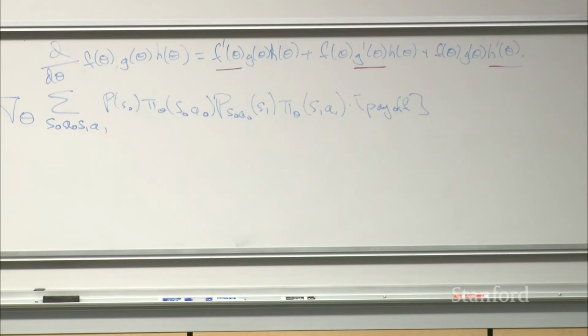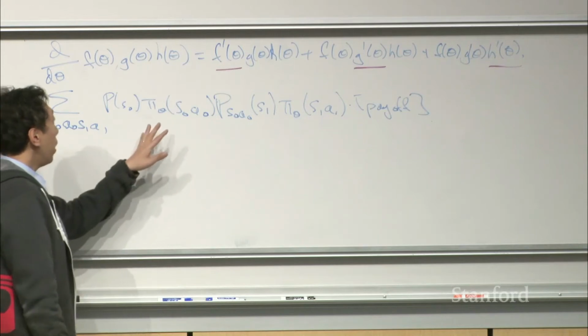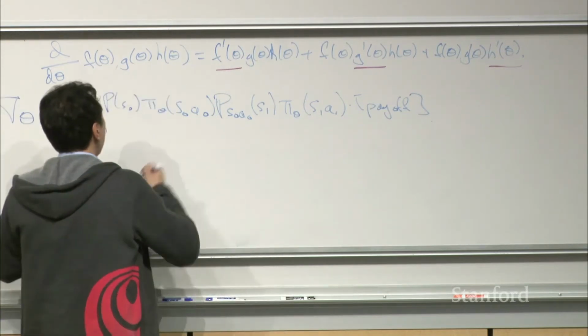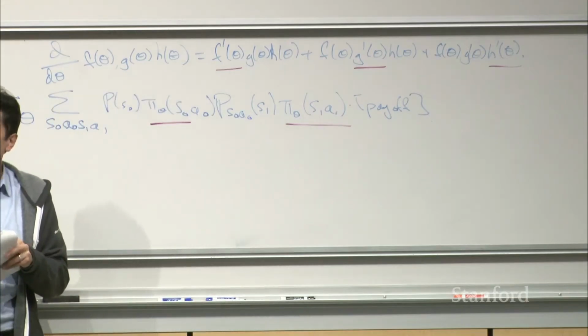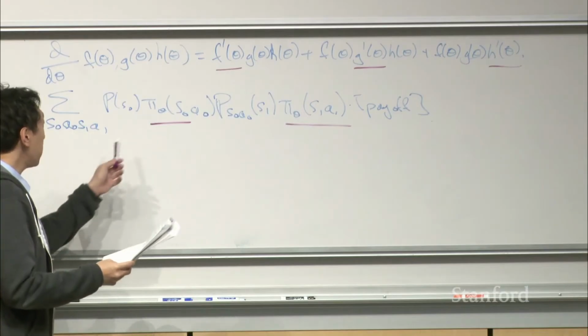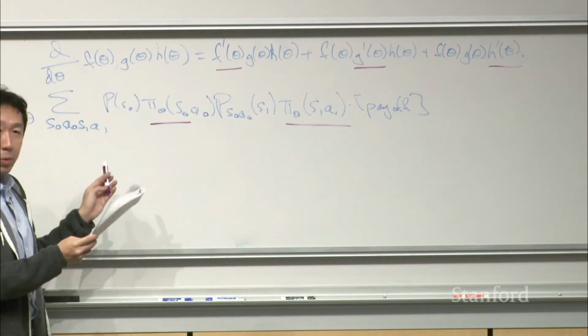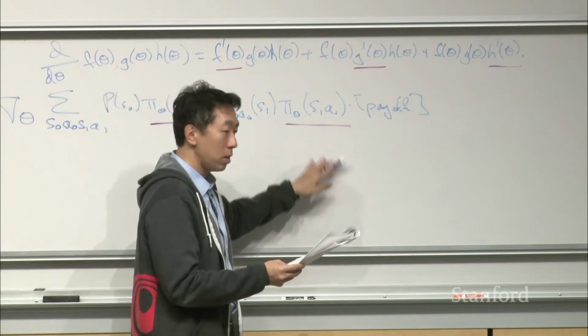And so we're going to apply the product rule to this, where we have here 2 different terms that depend on theta. And so when we take the derivative of this thing with respect to theta, we're going to have 2 terms that correspond to taking the derivative of this one and taking the derivative of that one, right?